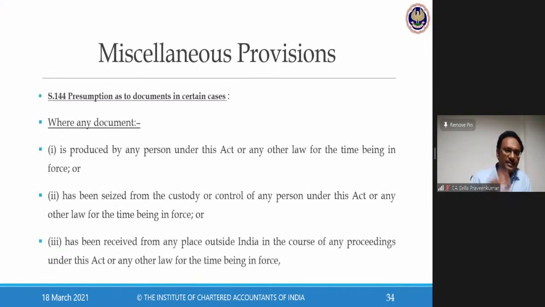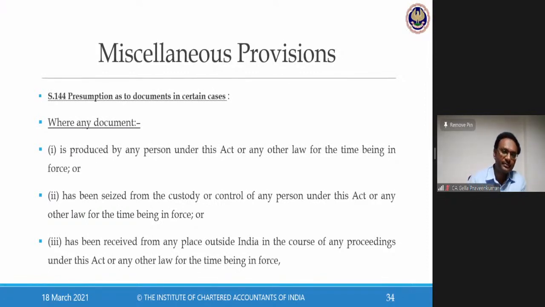This is section 144, which deals with presumption as to documents, where any document is provided by a person under this Act or any law for the time being in force, or the documents have been seized from the custody or control of a person, or documents have been received from any place outside India in the course of any proceedings of this Act or any other law for the time being in force.